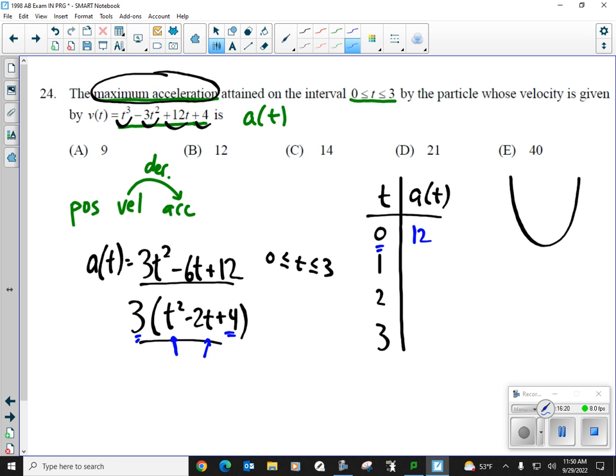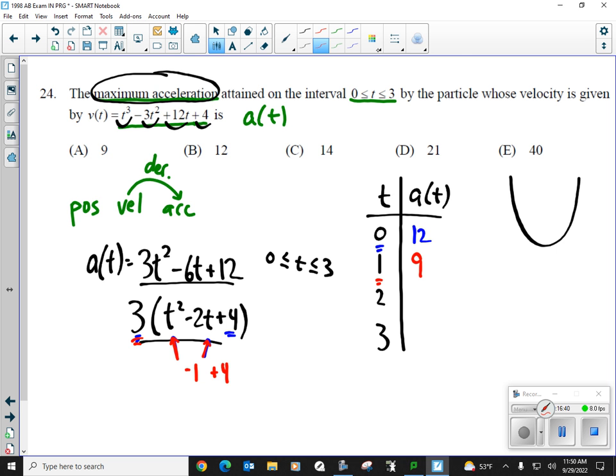So I'm going to do this for all of my t values. For 1, 1 squared is 1, minus 2 times 1 is 2, so 1 minus 2 is negative 1, plus 4 is 3, and don't forget I've got to multiply it times 3. So that is 9.